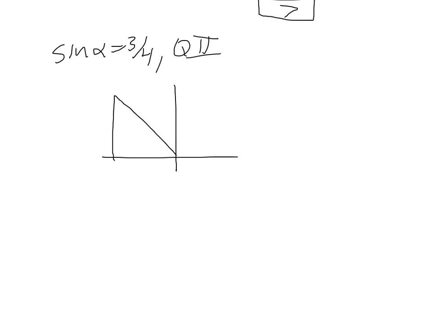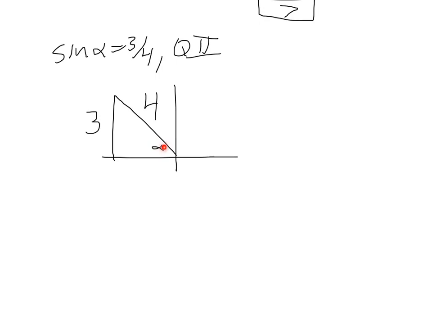Okay, so we know sine alpha was 3/4, and we're in quadrant 2. So I can create a quadrant 2 angle and represent it as a triangle like this. Alpha is the angle whose sine is 3/4. Now sine is opposite over hypotenuse, so 3 would go opposite, and 4 would go hypotenuse.